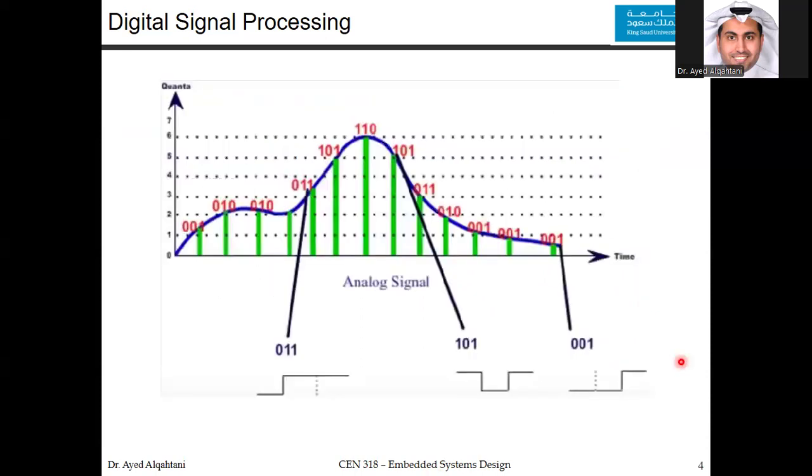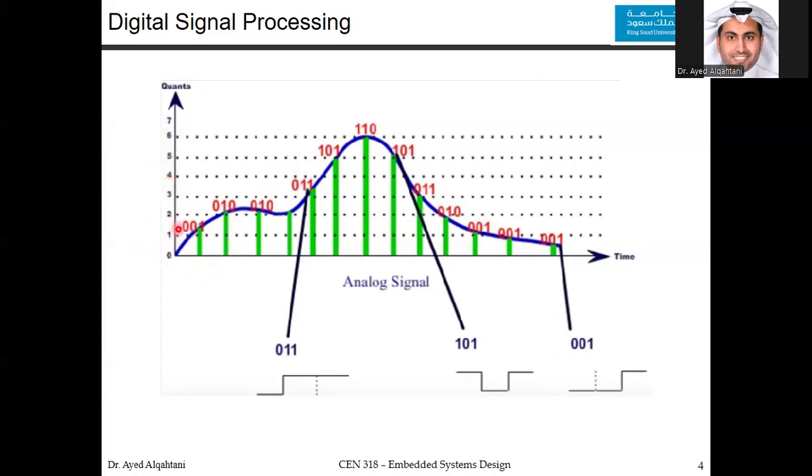To understand how digitizing works, you could see here in this plot, we have a continuous signal in blue, and the amplitude of this signal is divided into several levels from 0 all the way to 7.